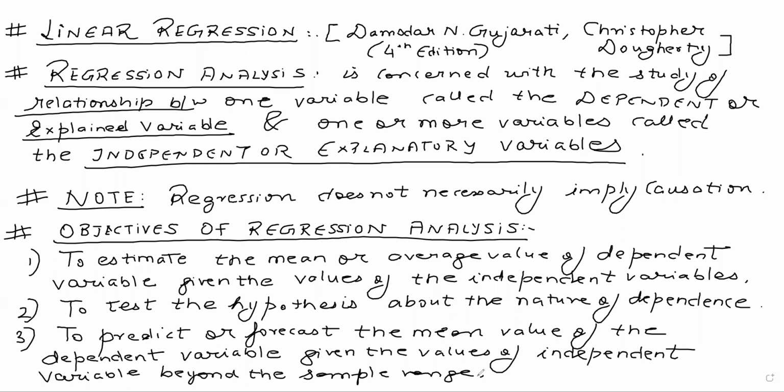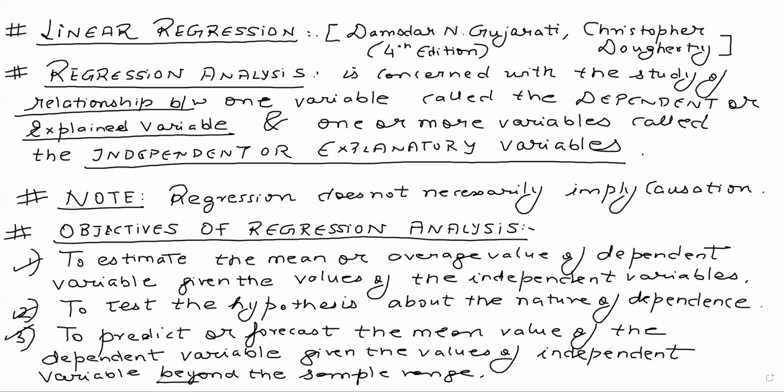So I hope students have understood the reasons for studying regression. We would want to estimate the mean or the average value of the dependent variable given values of a few independent variables. We would want to test the hypothesis as to what extent the dependent variable is dependent on the independent variable. We would also want to forecast what would be the mean value of the dependent variable in the coming time periods, given the value of the independent variable.